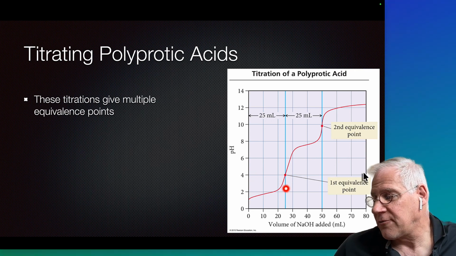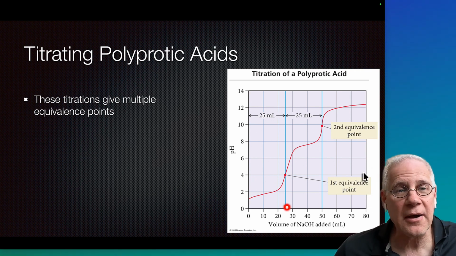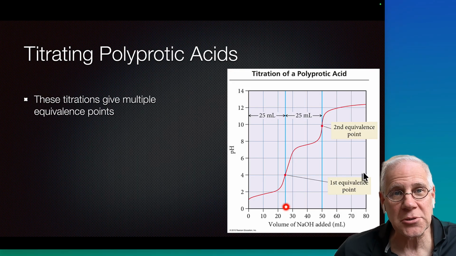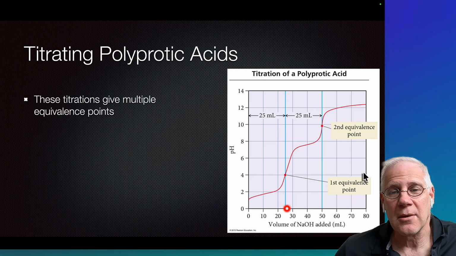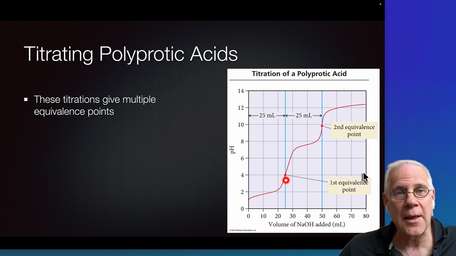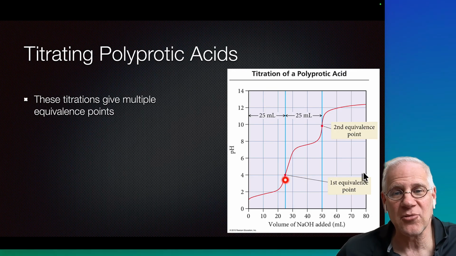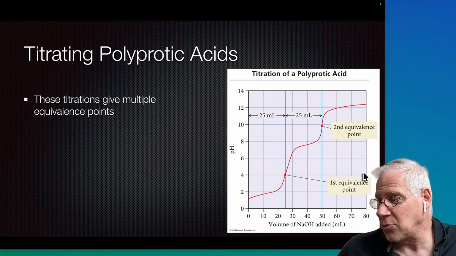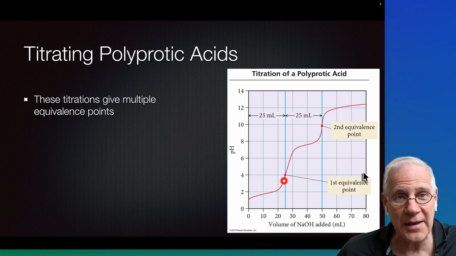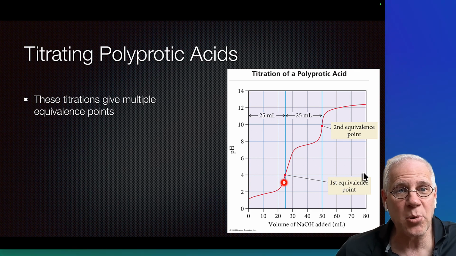So let's say you had 25 milliliters of a 0.1 solution of polyprotic acid, and you were titrating it with the exact same concentration of base, something like sodium hydroxide. Same as with a monoprotic acid, the volume needed to reach that first endpoint is going to be the exact same. So if the concentrations are the same, if you had 25 milliliters of acid, it would take 25 milliliters of base to reach that endpoint.